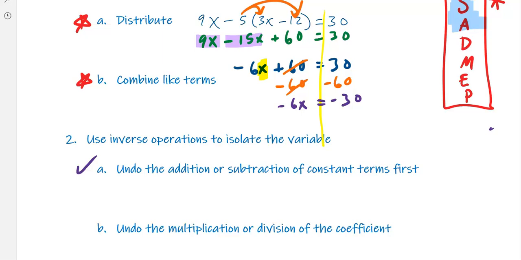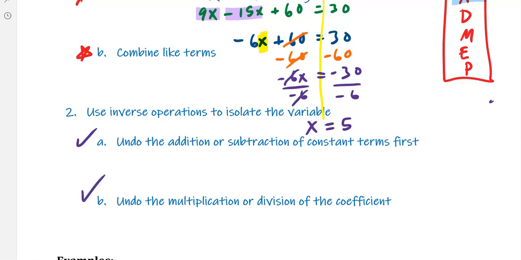So we divide both sides by negative 6, because when we do that, negative 6 divided by negative 6 is 1. 1 times x is just x. And negative 30 divided by negative 6, negative divided by negative is positive. 30 divided by 6 is 5. So x equals 5. All right, so we undid the multiplication or division.